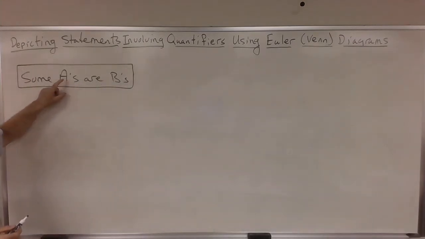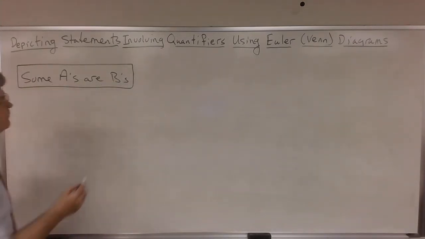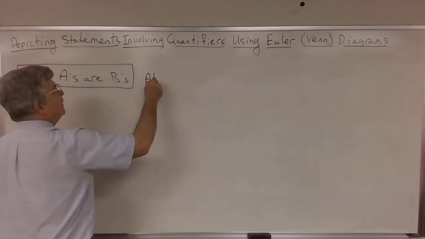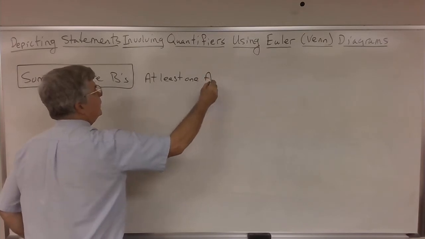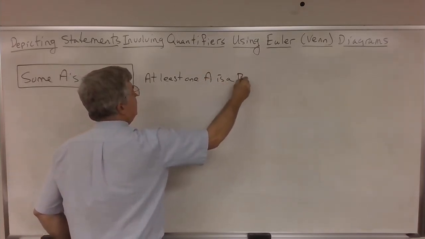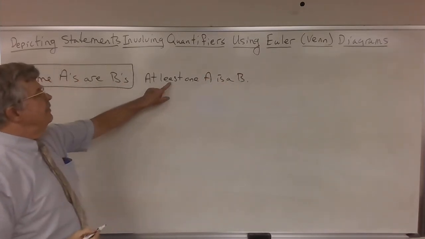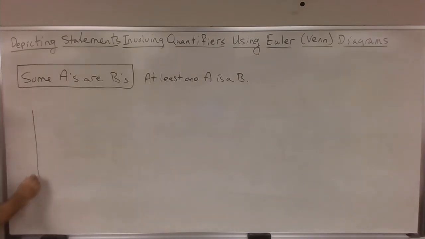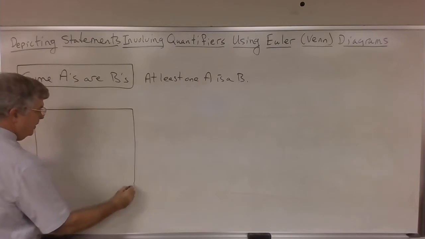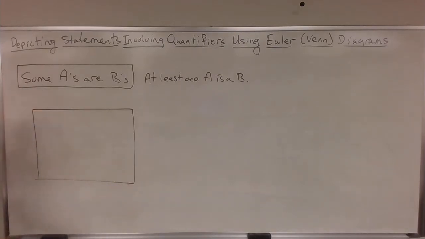So there's at least one A. This is another way of saying that some A's are B's. Now, it may be the case that all A's are B's, but this is not saying that.